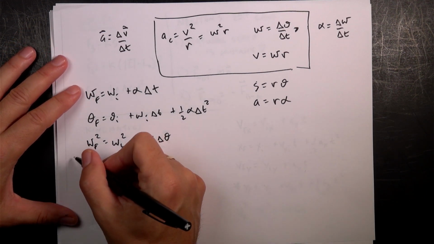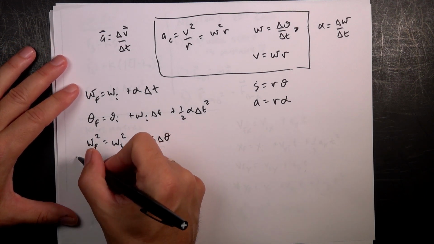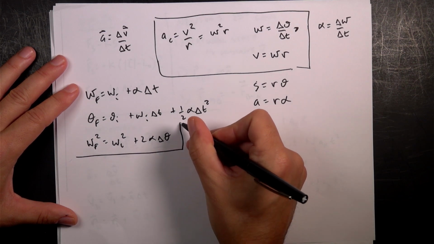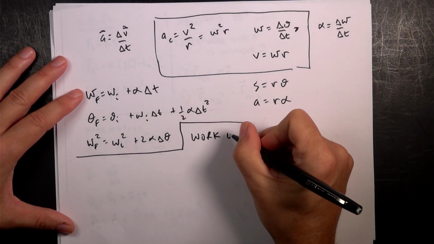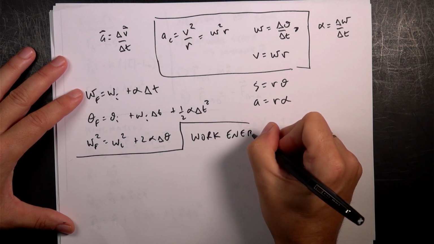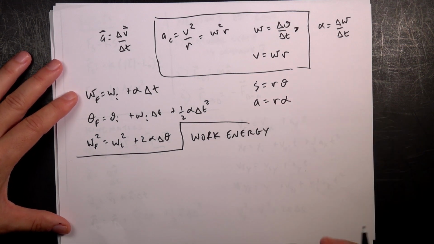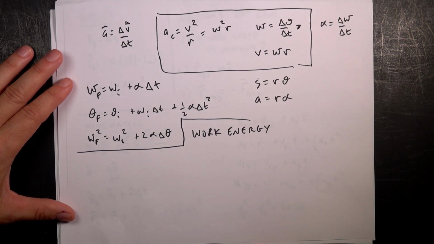Okay, work energy. I should start a new page, but I'm not going to. Let's go up here. Work energy. The first thing is the definition of a dot product, and some textbooks focus on this and some don't.